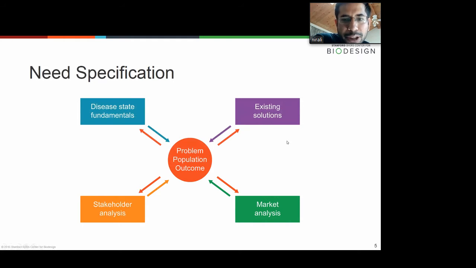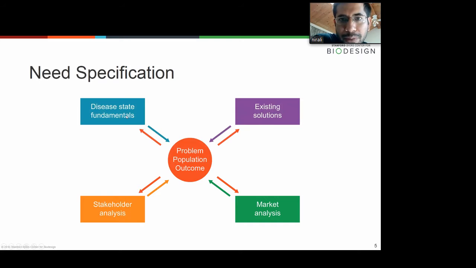So there's basically 4 main areas that we look at when we're evaluating a need. One is the fundamentals. And in medicine, we talk about disease state fundamentals. But if we're talking outside of medicine, like at the wastewater treatment plant or on a farm, it's about the fundamentals of the problem. What are the problem fundamentals? So what are the characteristics of the problem? What causes the problem?